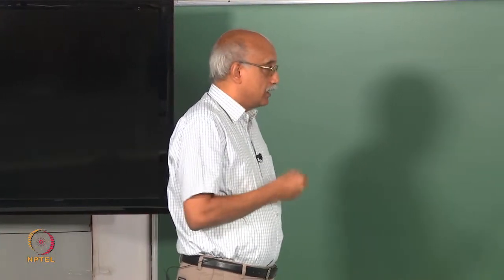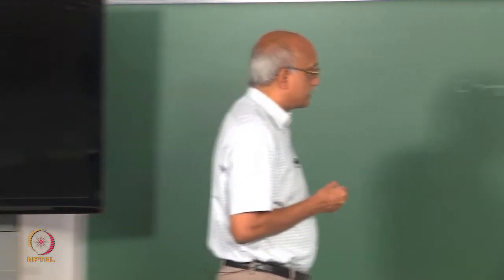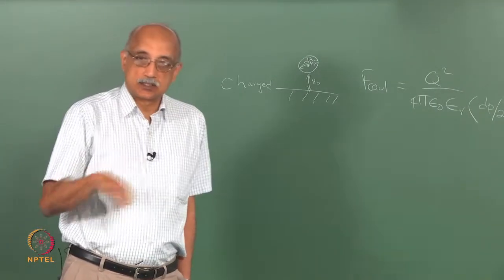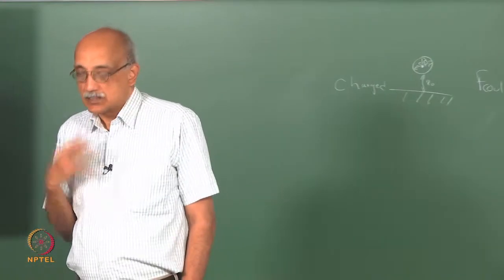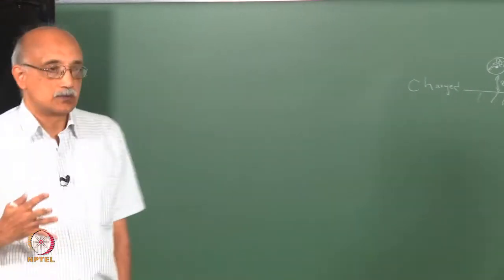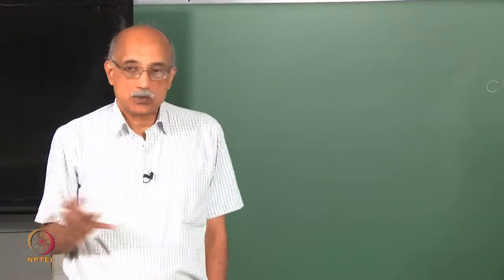Now, one interesting thing here of course is that dp actually occurs in the denominator, as it is written. So, does that imply that Coulombic force will drop as dp squared?